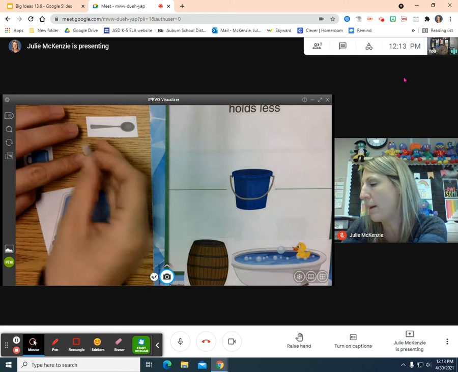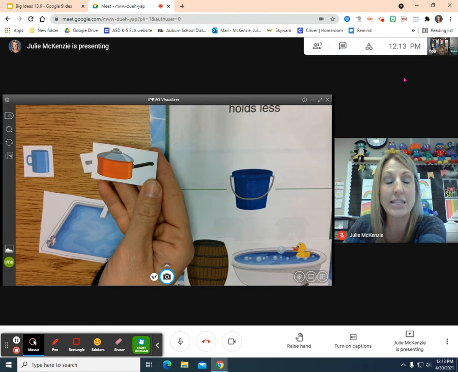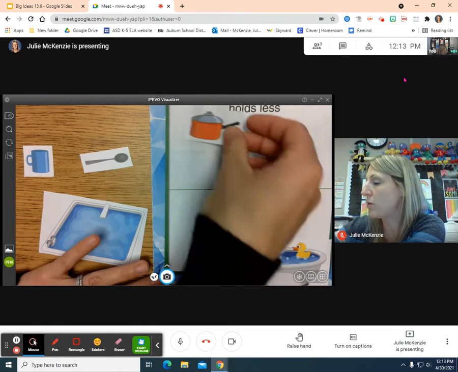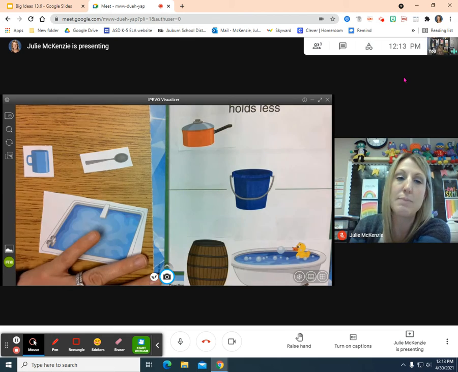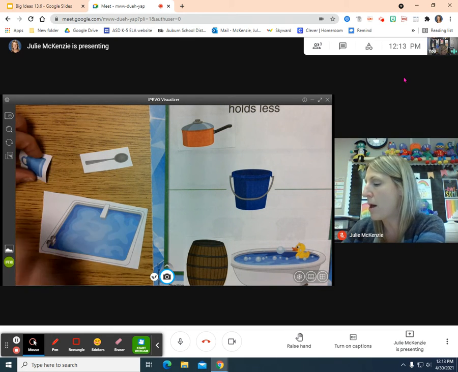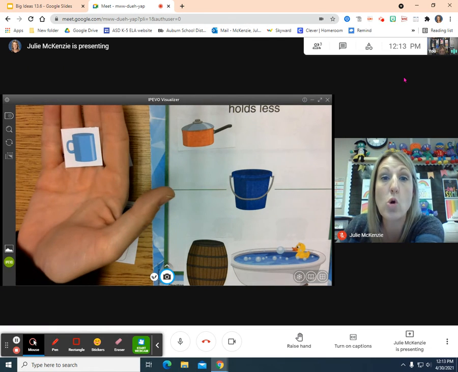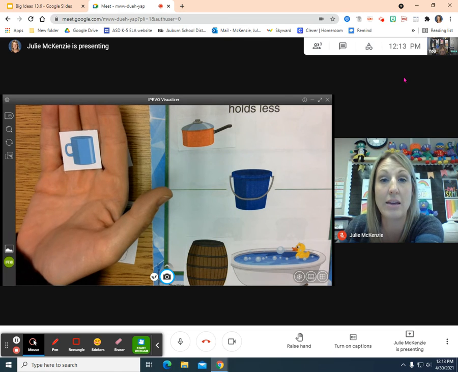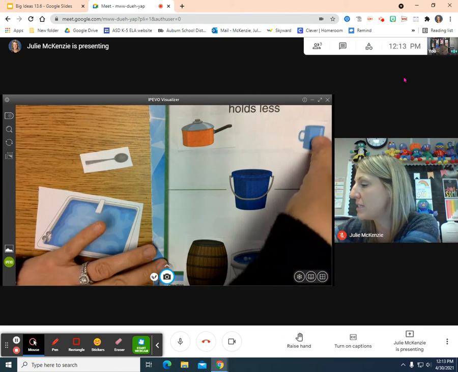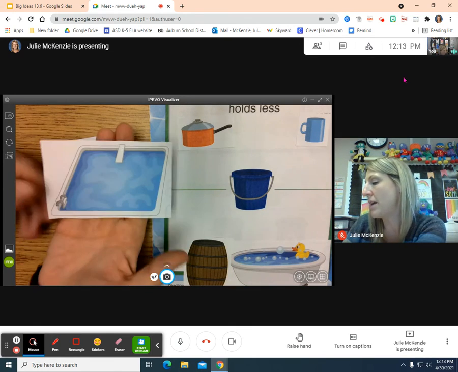What about my pot? Can my pot hold more water or less water than the bucket? Less water, because my pot has a smaller capacity than the bucket. How about my mug? Does my mug hold more water or less water than the bucket? Less water, because my mug has a smaller capacity than the bucket. What about my swimming pool?